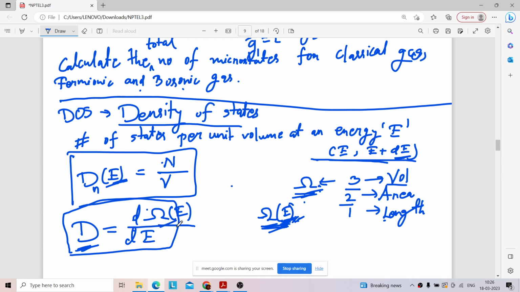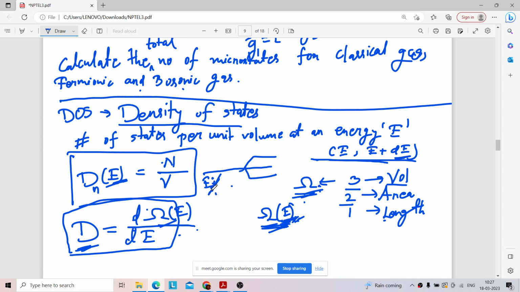And density of state is the number of states in this energy level. That means indirectly I am saying this is the degeneracy of this energy state i.